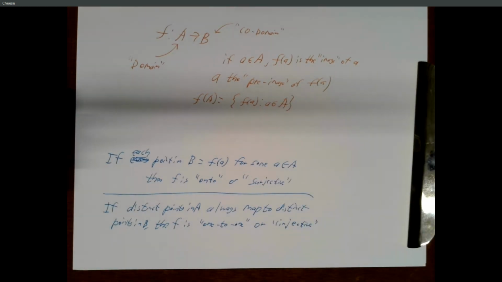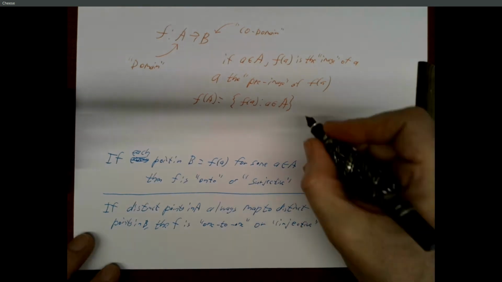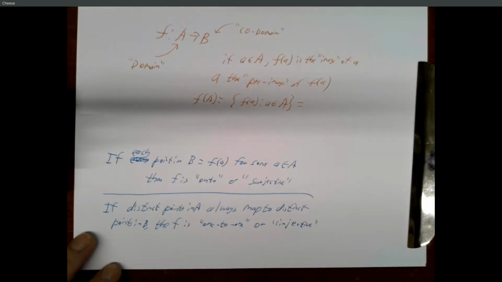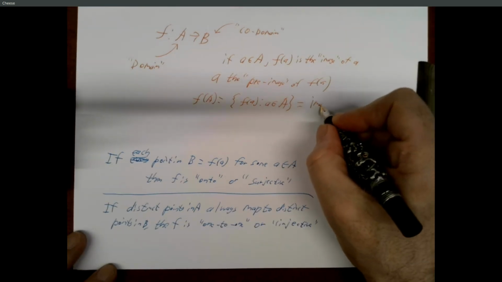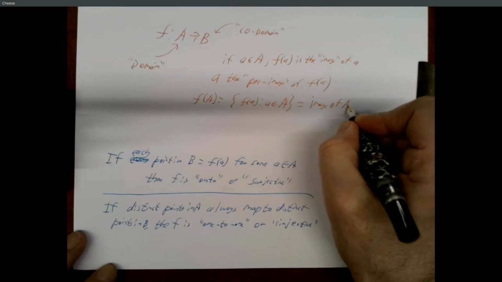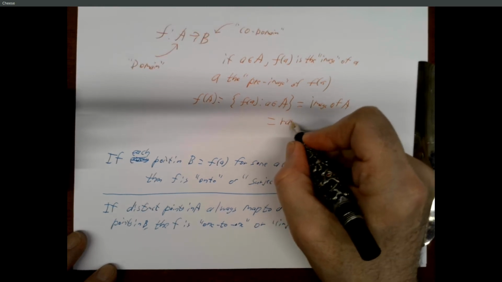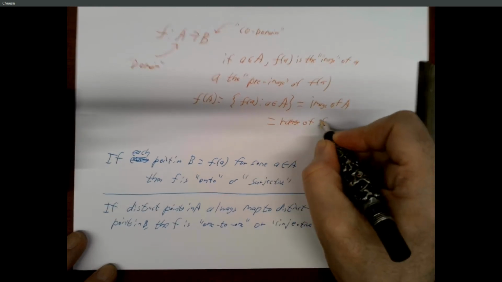The set of all f of little a, where little a is an element of big A. So the collection of all the things that get mapped to from A, that's called the image of the set A, which is also called the range of the function f.